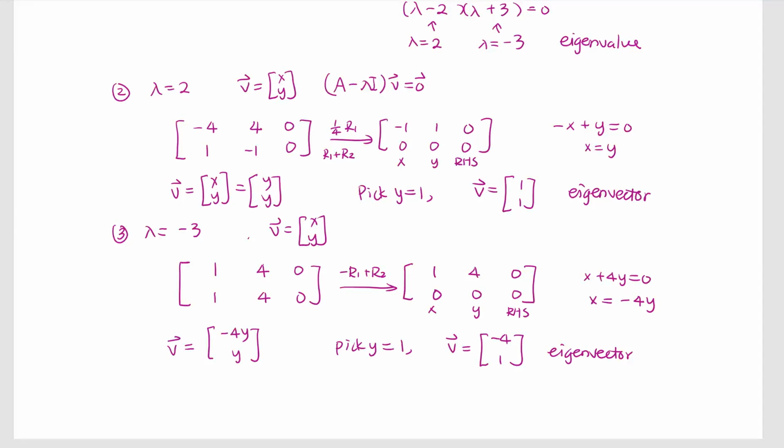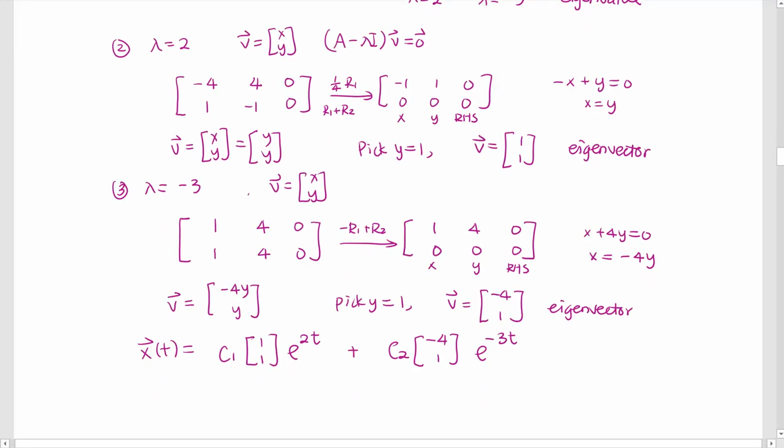Okay? Alright. So what is our answer? Well, that's C1 times the first eigenvector, 1, 1, e to the first eigenvalue, 2t, plus C2 times the second eigenvector, e to the second eigenvalue, negative 3t. Okay, so this is the answer, and we need to find C1 and C2.